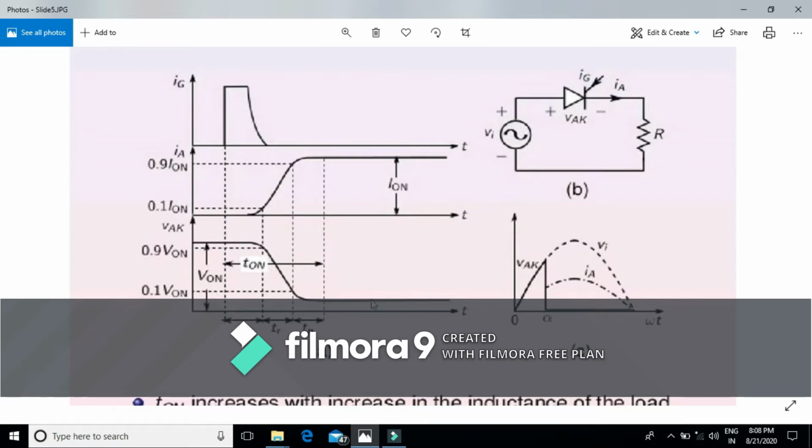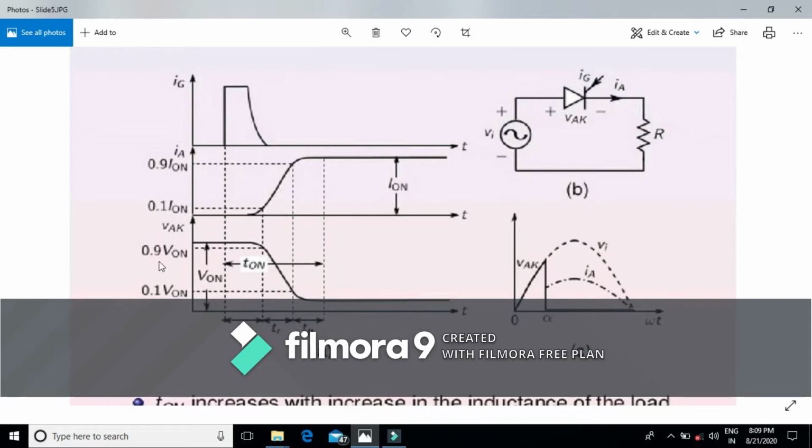During a practical switch, this will be slightly greater than 0. If this is the on state, then previously it should be in the off state. During the off state, the anode current will be 0 or very small, that is the leakage current, slightly higher than 0.